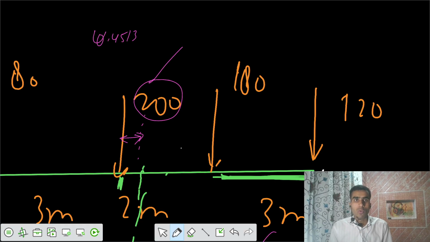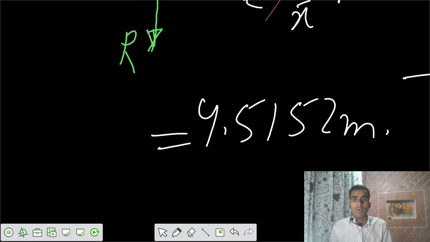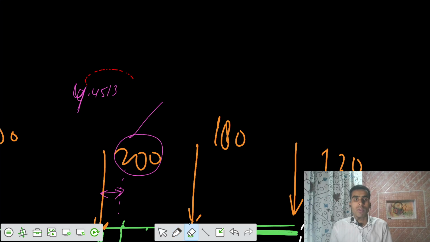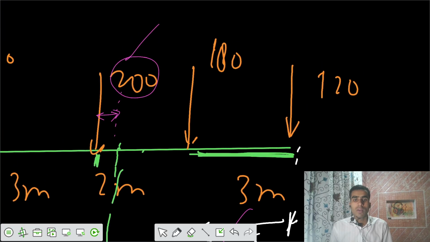The total length of that centroid was 4.5152 meter, and the total length up to the point of the 200 kilonewton load was 5 meter. This length was 5 meter, and this part is only that x bar.